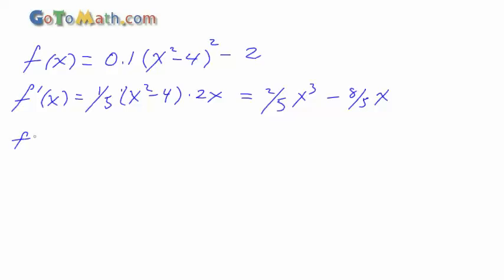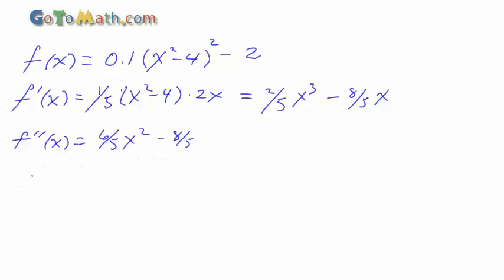Now we're going to take the second derivative of that. It'd be a whole lot easier than using the product rule. It'd be kind of ridiculous. So bring the 3 out front, so we end up with 6/5 x squared, and then minus 8/5.